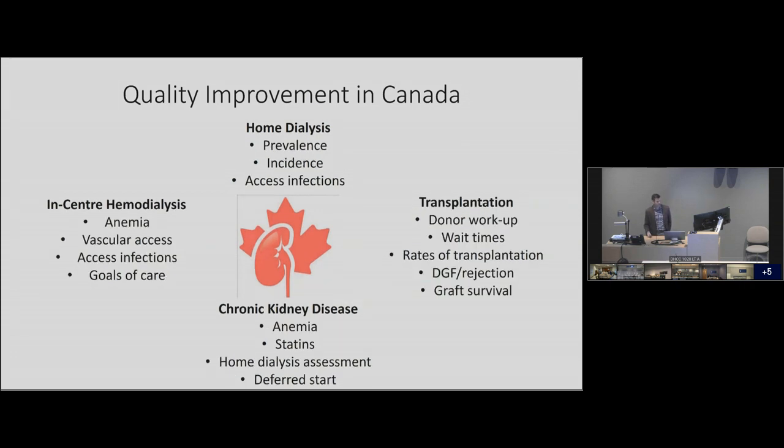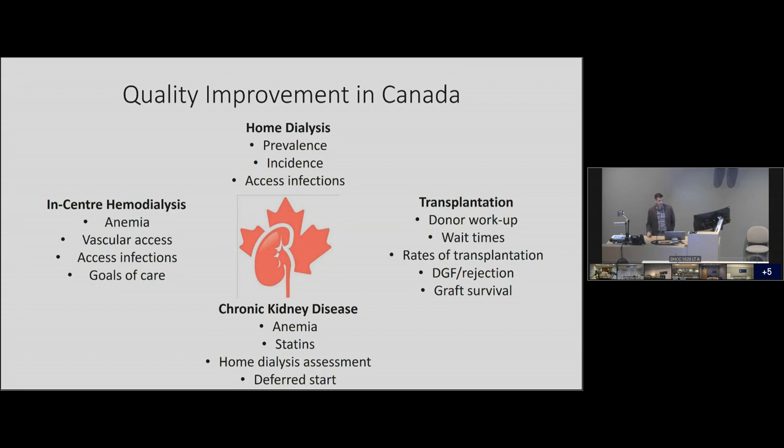And what kind of elements were these quality indicators looking at? So in chronic kidney disease, they were looking at things like statins, home dialysis assessments occurring, deferred dialysis starts. In in-center dialysis, most of the common indicators were looking at anemia, vascular access, infections and goals of care. In home dialysis, prevalence and incidence of home dialysis use.